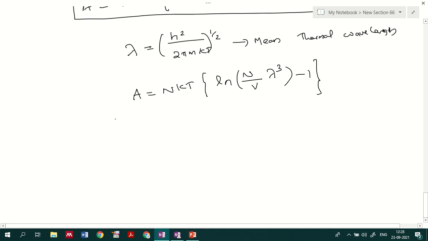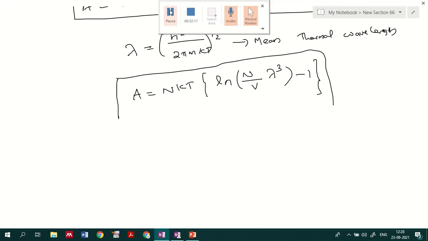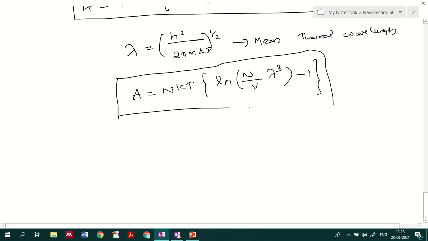Okay, so we represent the Helmholtz energy in terms of our mean thermal wavelength, where lambda equal to (h squared by 2 pi m kT) raised to 1 by 2.